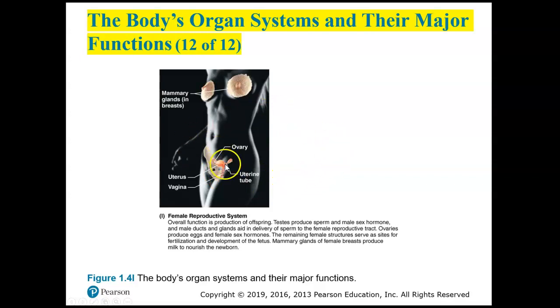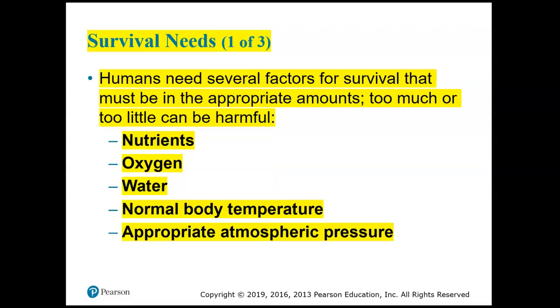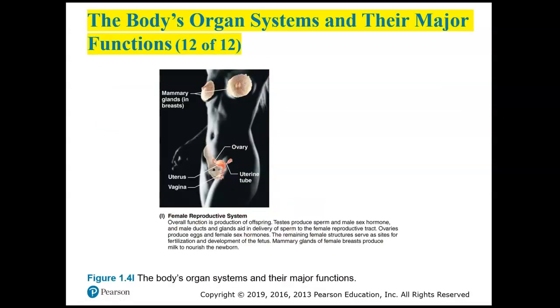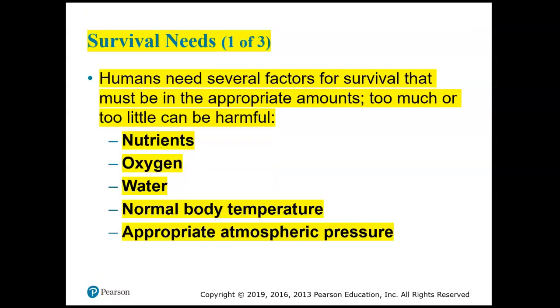These are all components of the female reproductive system, which is designed to produce the eggs and to carry the baby, while it's an embryo and a fetus, while it's in the womb or the uterus, and also contribute to the female secondary sex characteristics and processes like menstruation, ovulation, all of that.